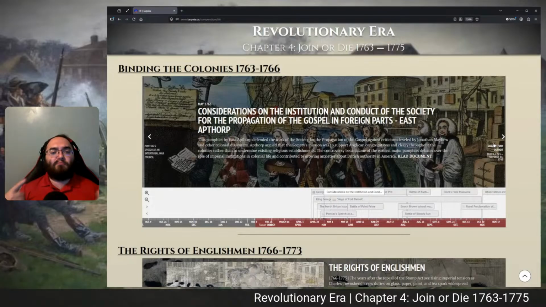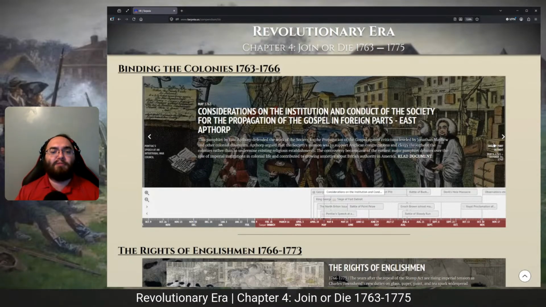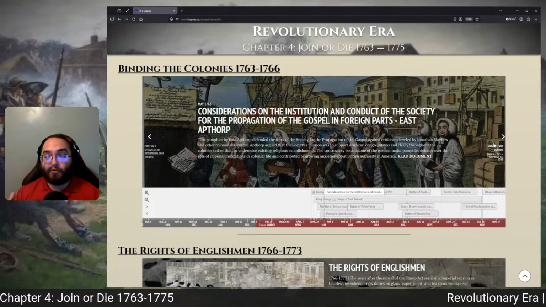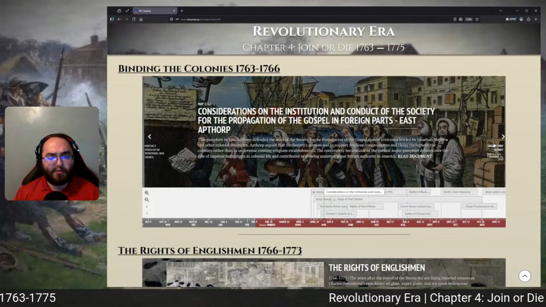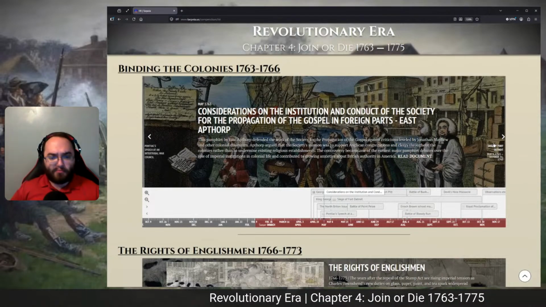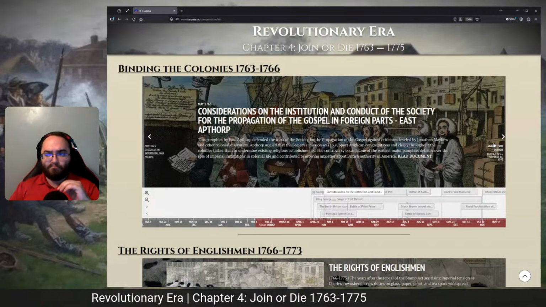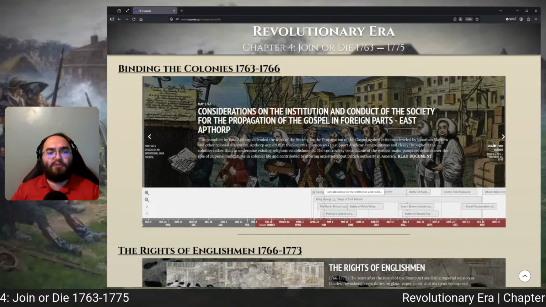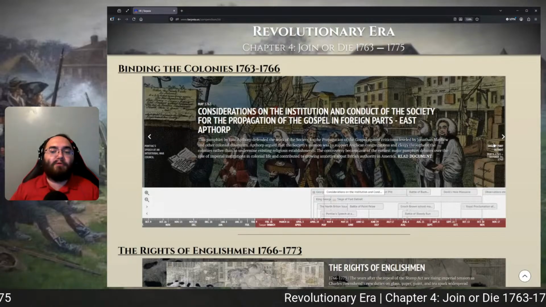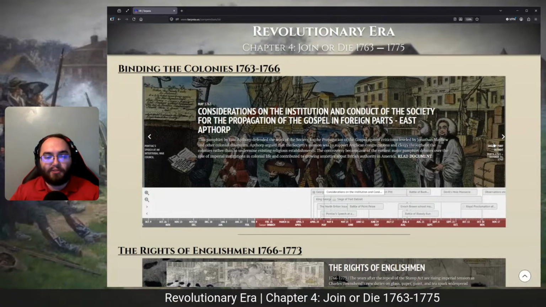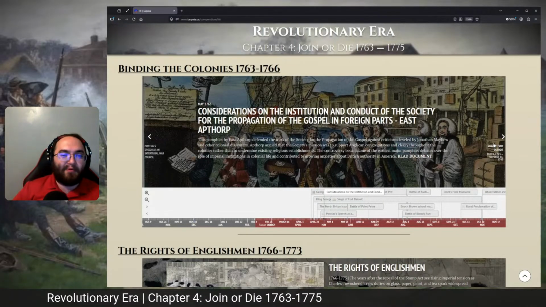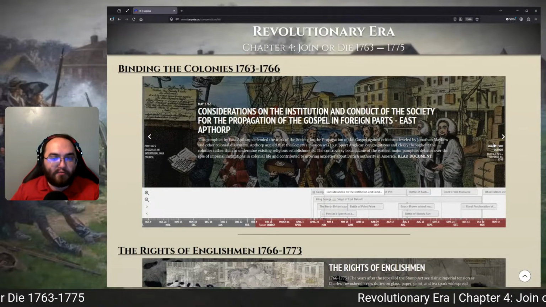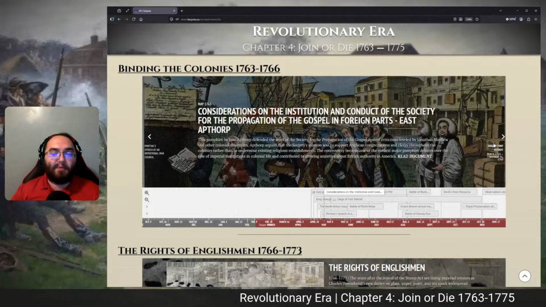And so, as the king and parliament are increasing their enforcement of their authority over the English colonies, many of the religious leaders outside of the Church of England are concerned that the king and parliament are going to force them to be more Anglican, because in England there were many restrictions against these people, against Baptists, against Presbyterians, against Puritans, in favor of the Anglicans and the Episcopalians.